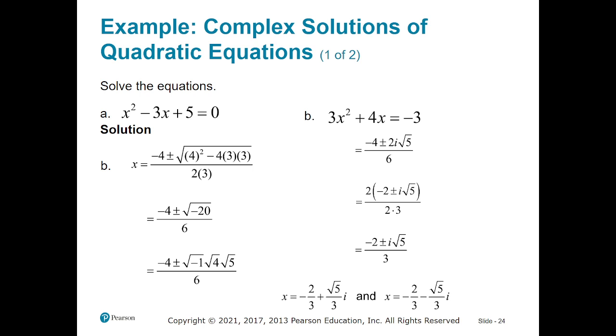Okay, and again, since that plus or minus is in here, those are two solutions in one, right? We'll have negative 2/3 plus i square root of 5 over 3 and negative 2/3 minus i square root of 5 over 3.